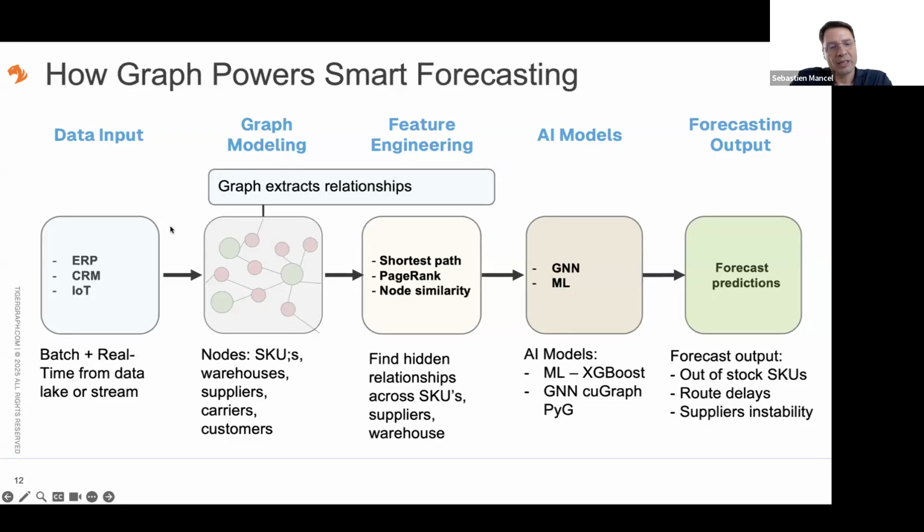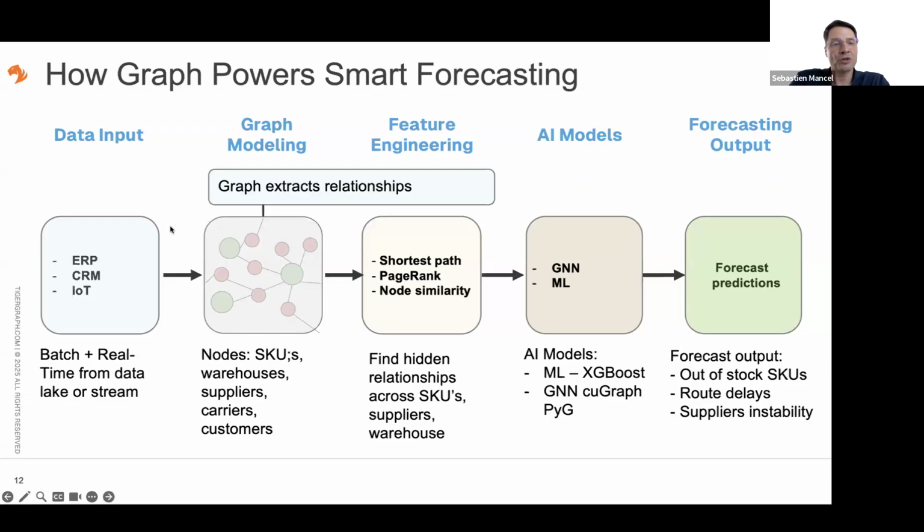Then we apply graph modeling. So the graph models relationships across various entities: SKUs, warehouses, suppliers, carriers, and customers. And rather than analyzing isolated data points, we map how entities are interconnected. So we're exposing multi-tier dependencies that impact supply and demand.